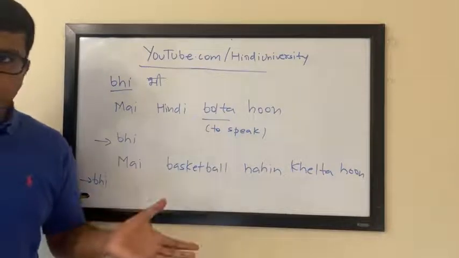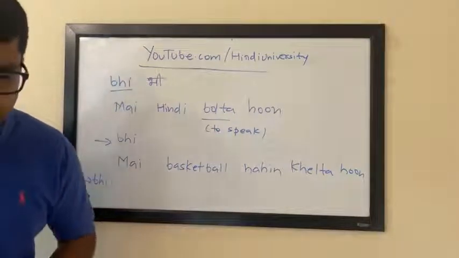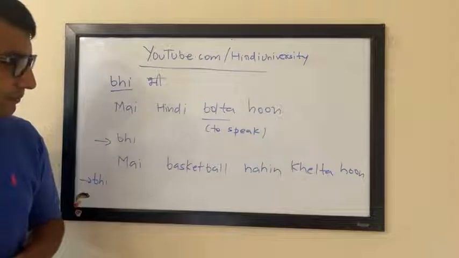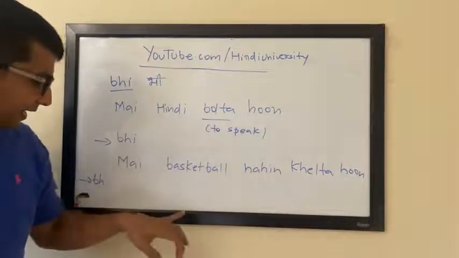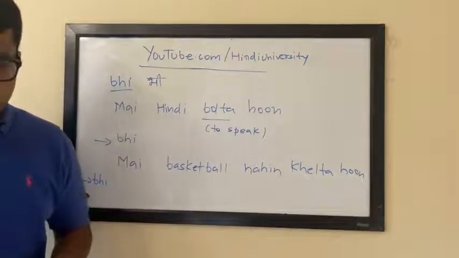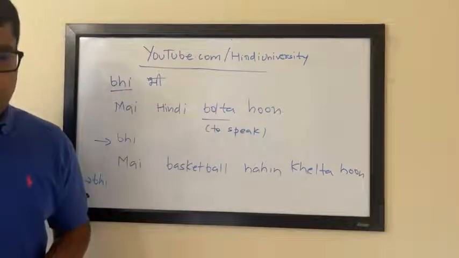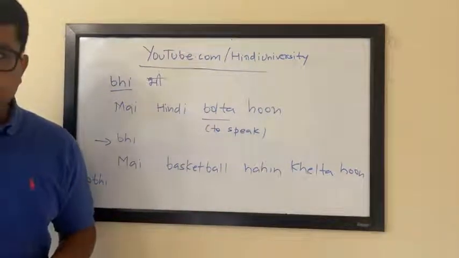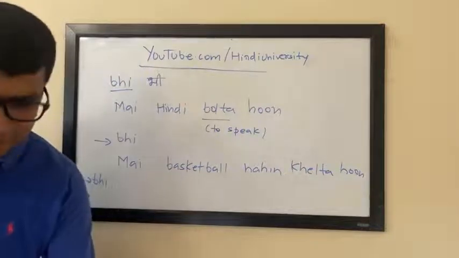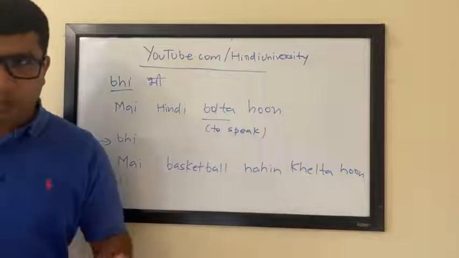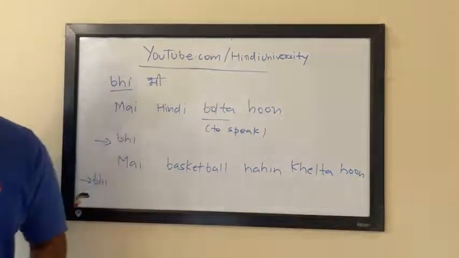Okay. What does it mean? Before and after. I don't play basketball. That's the first one. And after putting भी: मैं भी basketball नहीं खेलता हूँ. I also don't play basketball. Very good, right? So you can use it for both negative and affirmative cases.